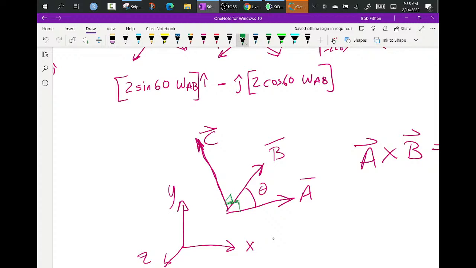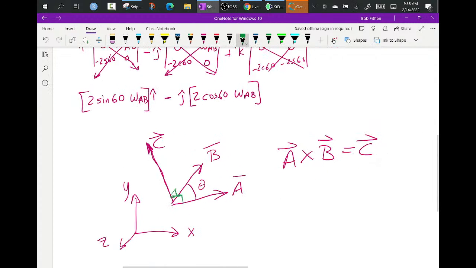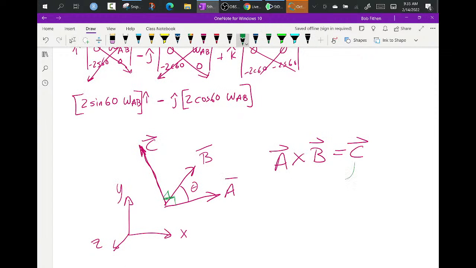If it's perpendicular, then this means the result of a cross product, C, could be dotted with A, and C could be dotted with B as well, and the definition would be cosine. Now, here's the key. They're both 90 degrees.